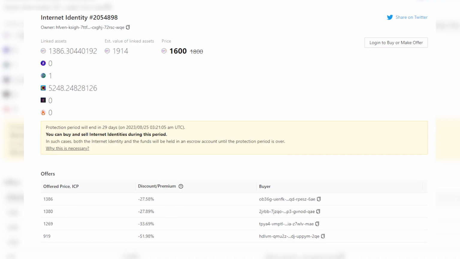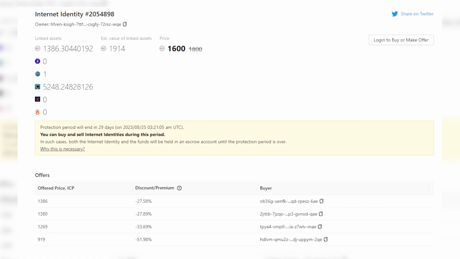So now you're able to see the discount you have, and it's much easier to just understand the real value of the internet identity. I'm looking on ID Geek right now. There is a bidding war on one of the identities. So there's 4 bids right now, and they're trying to get close to his price. It's so cool. I love it.